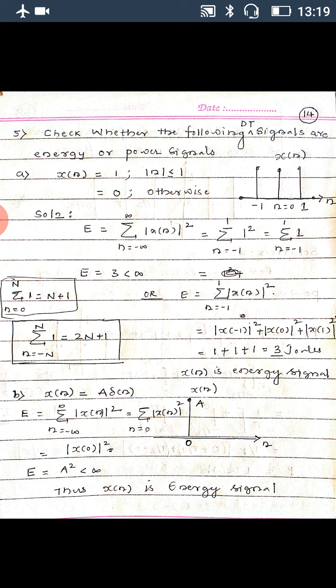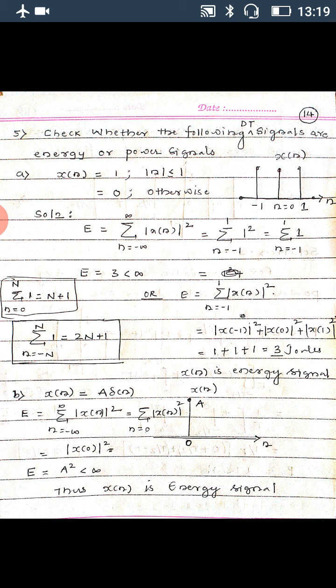Whenever the duration of the signal is not defined, then you have to use the formula E is equal to limit N tends to infinity of the summation from n equal to minus N to N of x of n square. Here x of n is equal to 1, and the limits of the summation are minus 1 to 1.